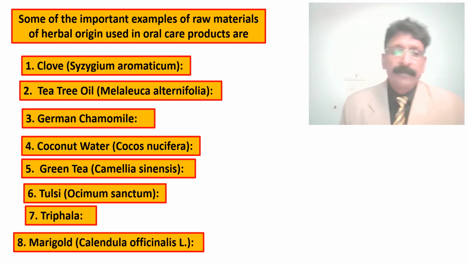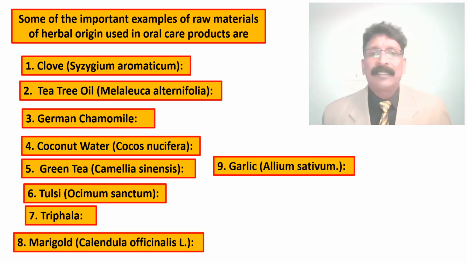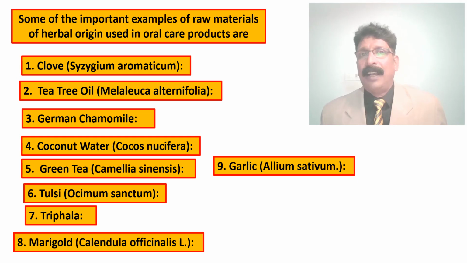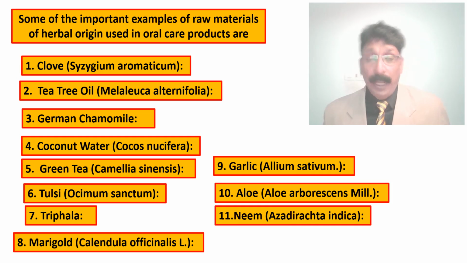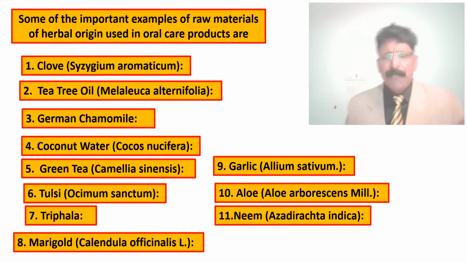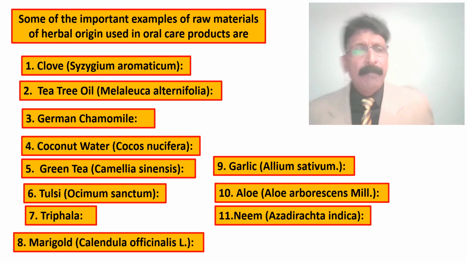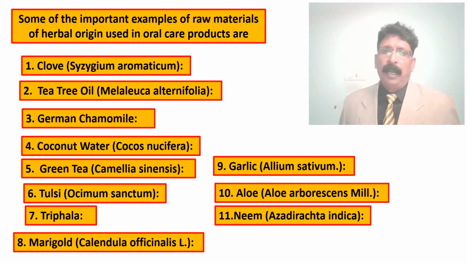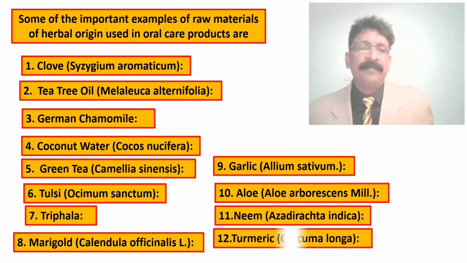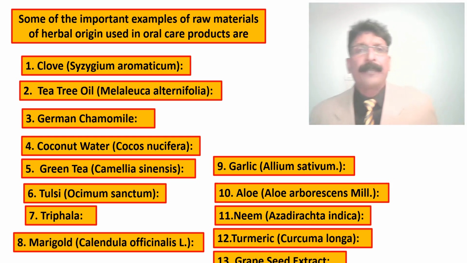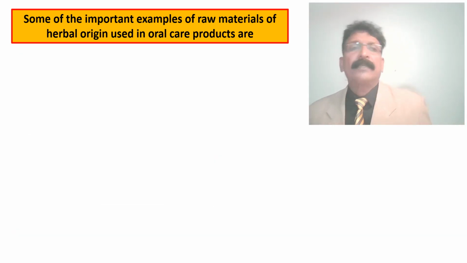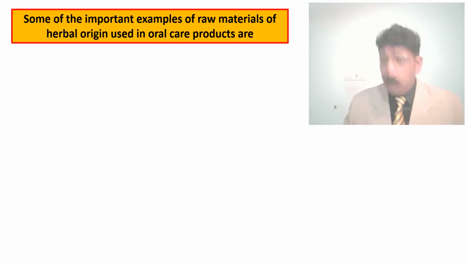Marigold, Calendula officinalis, garlic, Allium sativum, aloe vera, many species are available, neem, Azadirachta indica, turmeric, Curcuma longa, and grapeseed extracts.